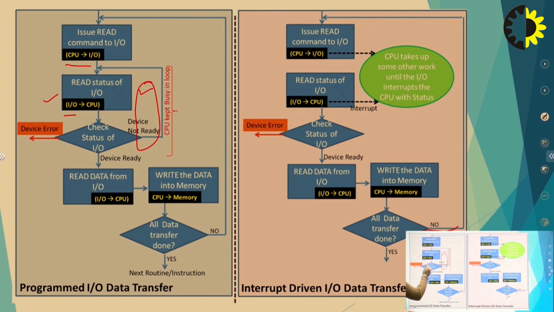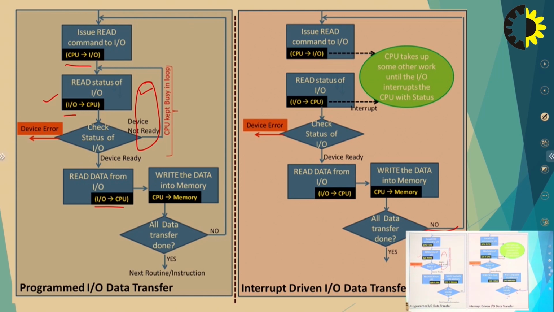When the status is OK, then it will come here and read the data, otherwise it will stay in this loop only, and this loop is also known as polling. When it gets the signal that the input-output is ready for the read, the data is read from the input-output. Now the read data will go to the CPU.